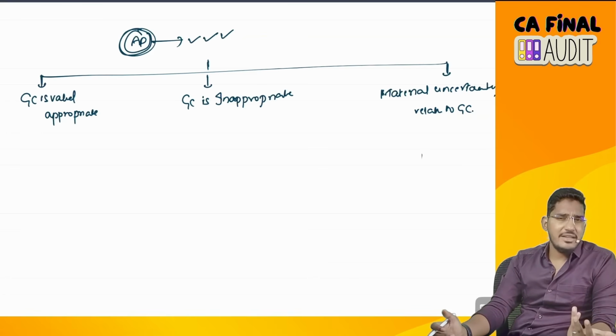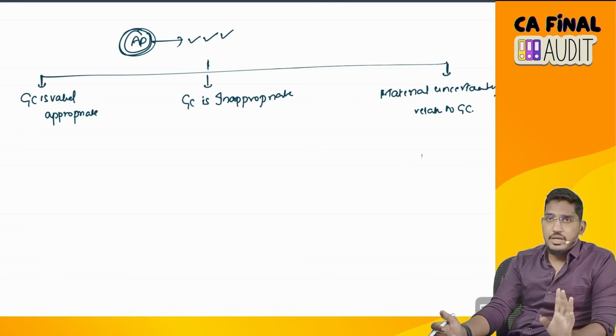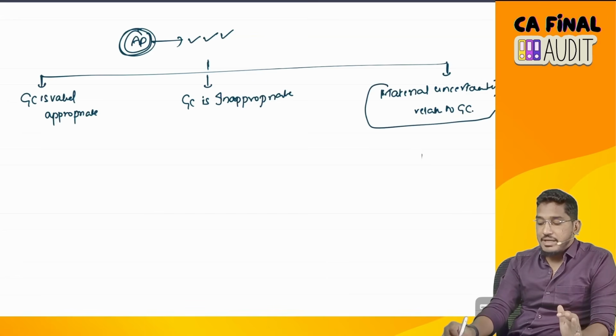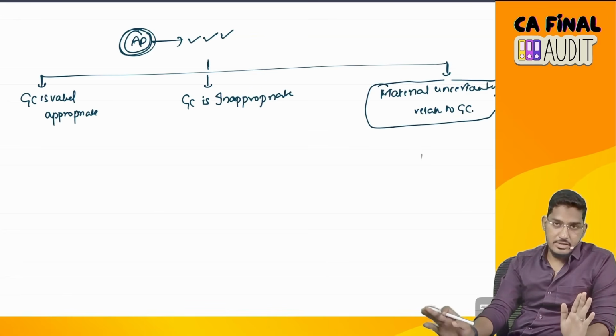That depends on some facts and circumstances which are beyond the control of the management and beyond the control of the auditor. For example, a company might be going through a pending case. If the company wins the case, they will stay in the business. If the company loses the case, they will be thrown out of the business. So whether the entity will continue for the coming 1 year or not is uncertain on the outcome of that litigation. This typical scenario, we call it material uncertainty relating to going concern.